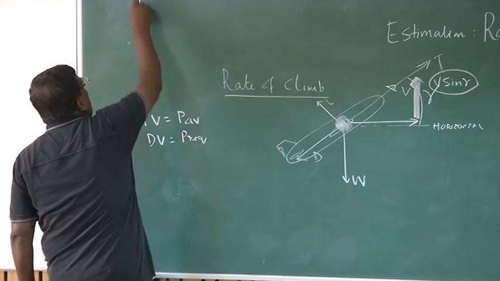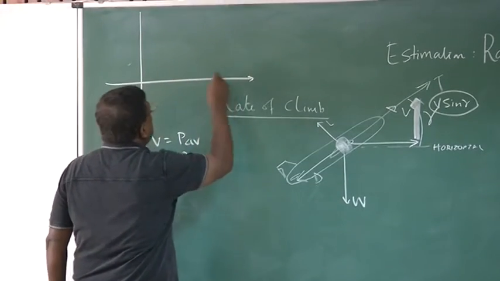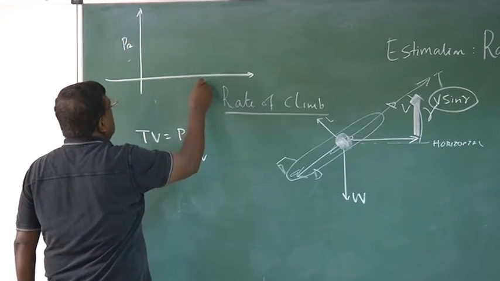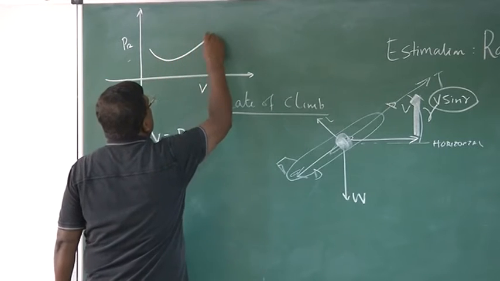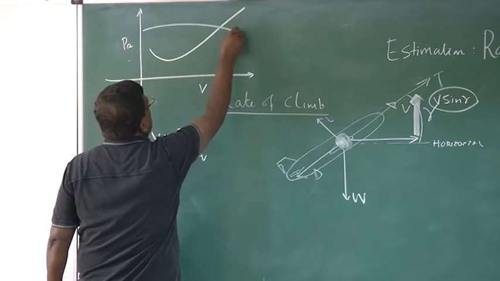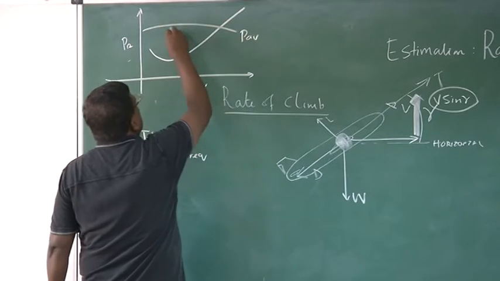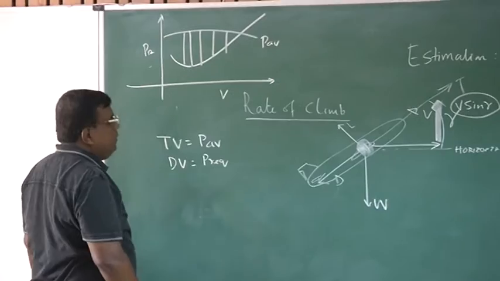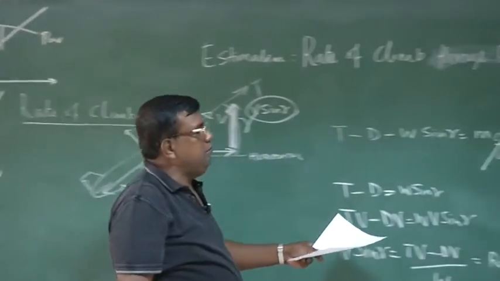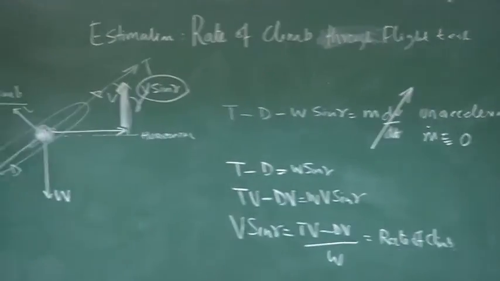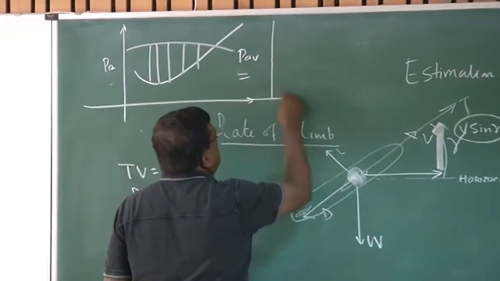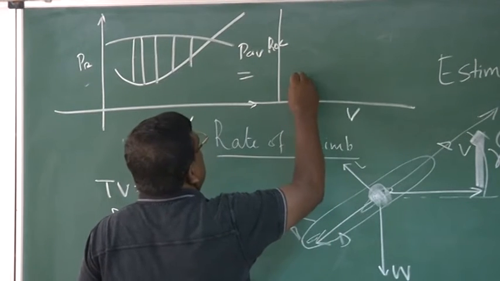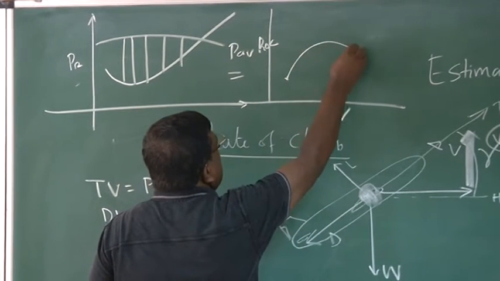So once I plot power required versus speed, if the graph is like this, and this is the power available, we know this is the excess power, and rate of climb is directly proportional to the excess power. So if I try to draw rate of climb versus speed, I will get something like this.